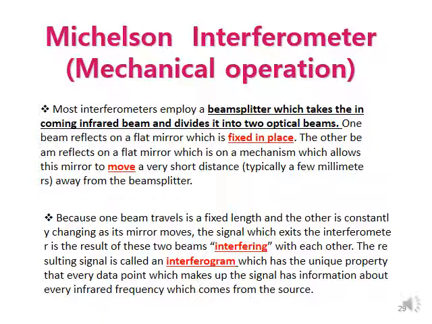The resulting signal is called an interferogram, which has the unique property that every data point which makes up the signal has information about every infrared frequency which comes from the source. When the interferometer is having problems, it will give different kinds of interferogram.